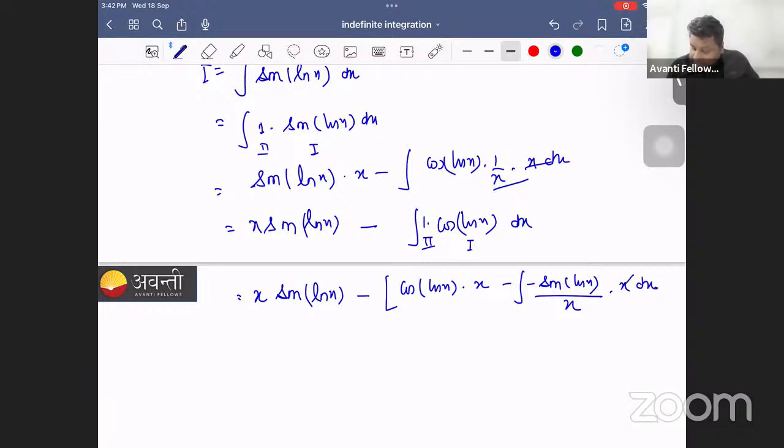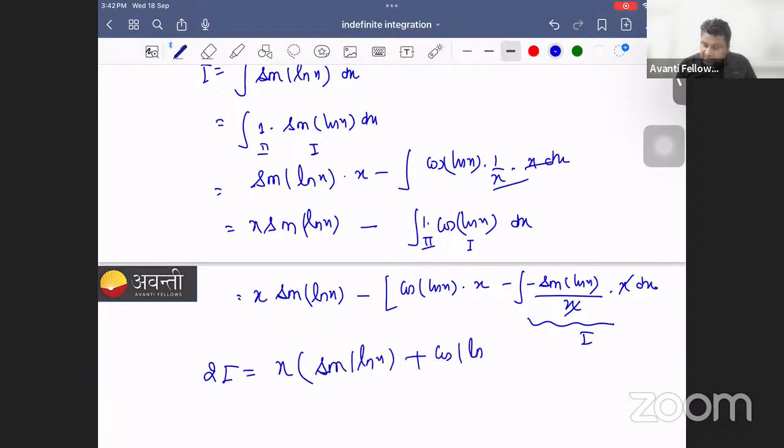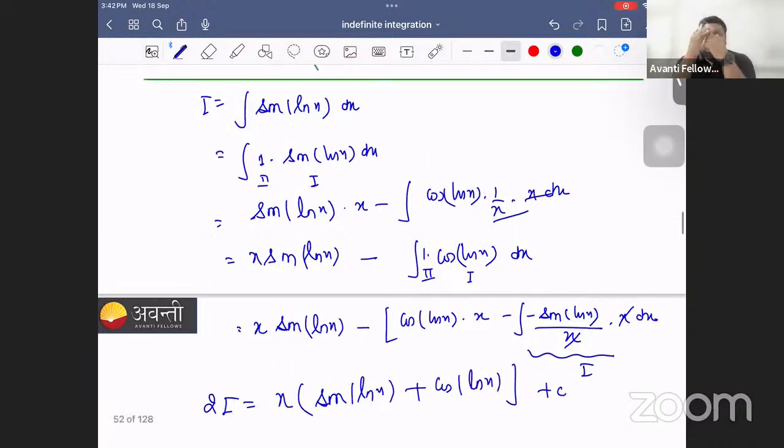Now see this x cancelled and this entire integration became what you have started. So 2I will be what? x times sine of ln x plus cos of ln x plus constant. Have a look. Very good question.